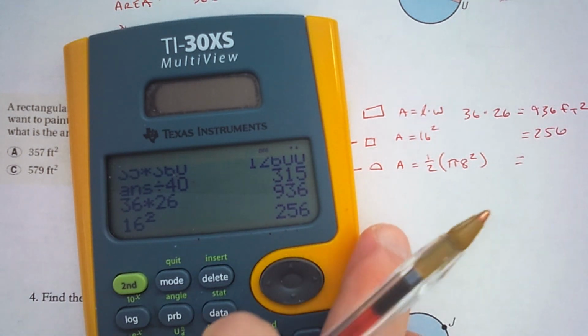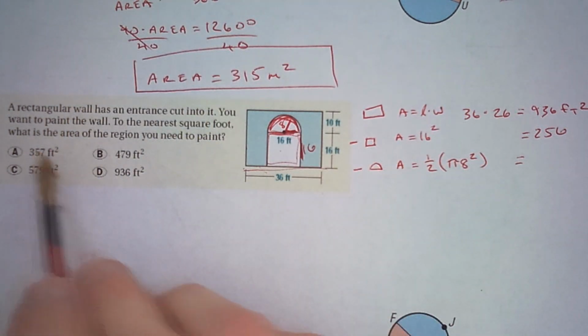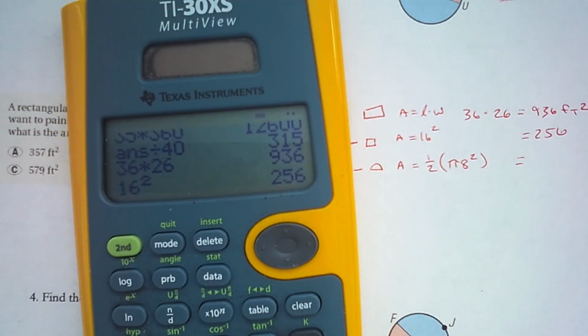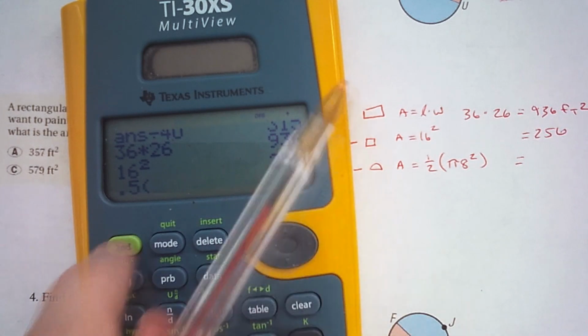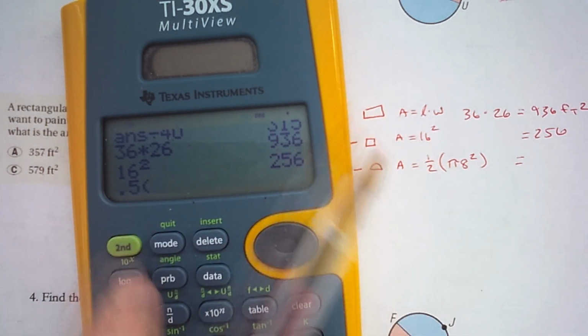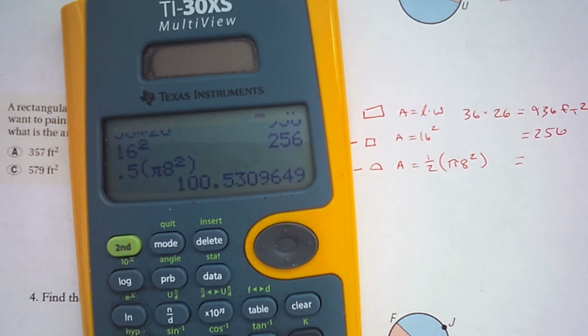I want an approximate answer because I'm dealing with a real life object and I don't have any pi's in here. So these are approximate numbers. So I'll do half times pi times 8 squared, and that's 100.53.